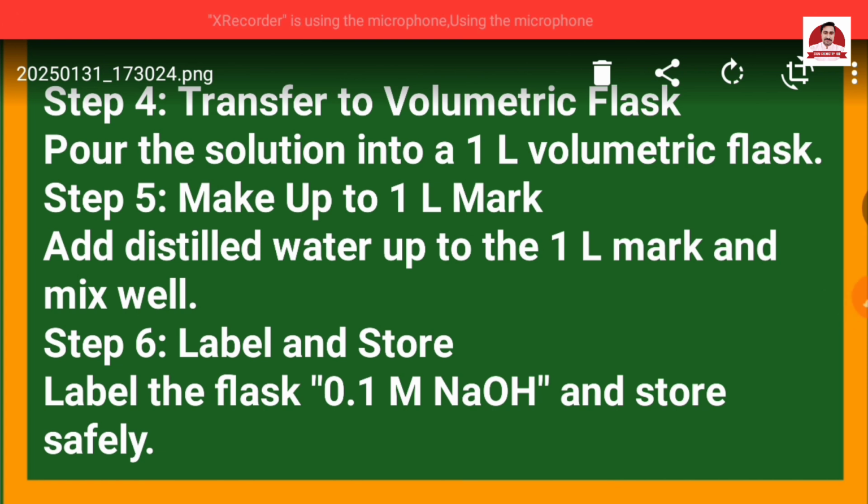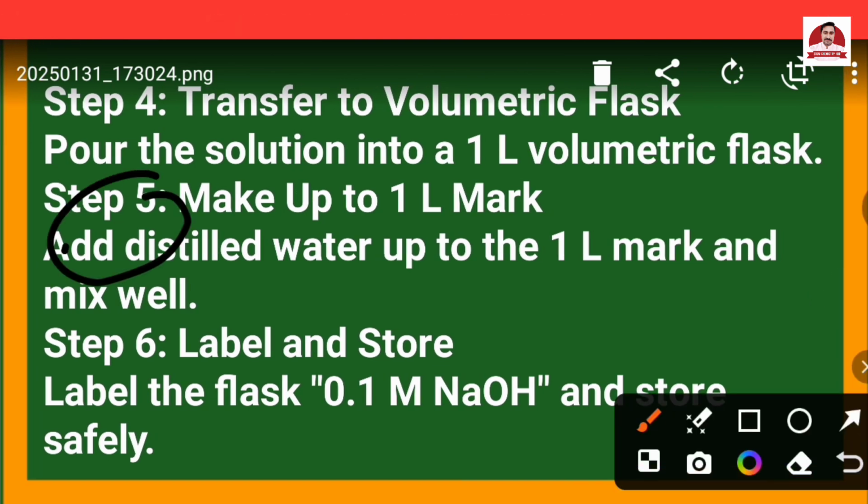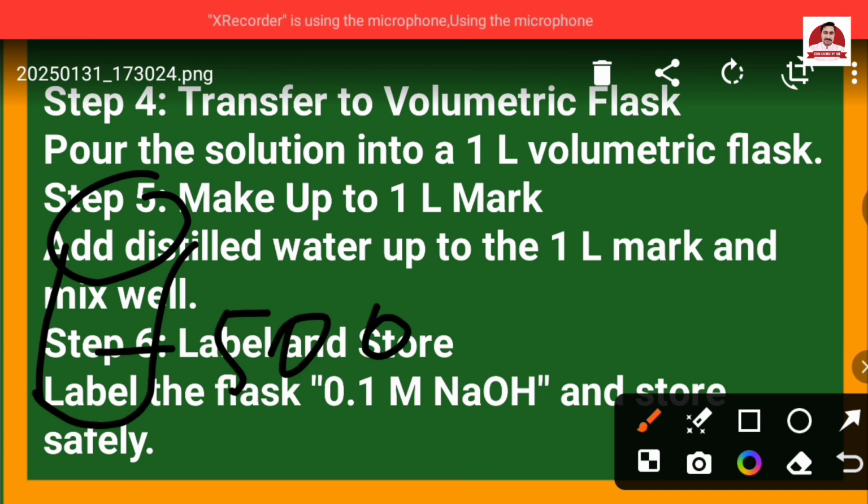Next step, we transfer the 500 milliliter of sodium hydroxide solution which is present in this beaker into the volumetric flask.